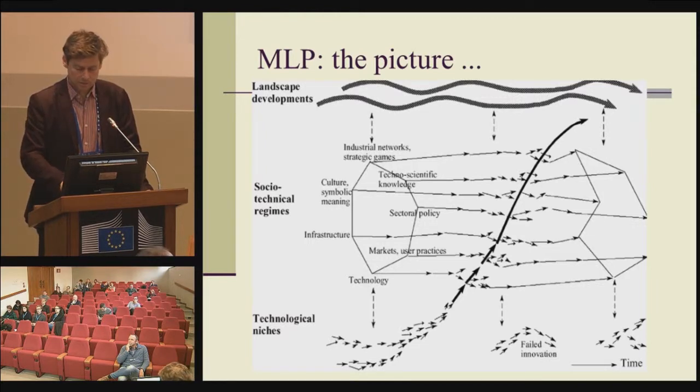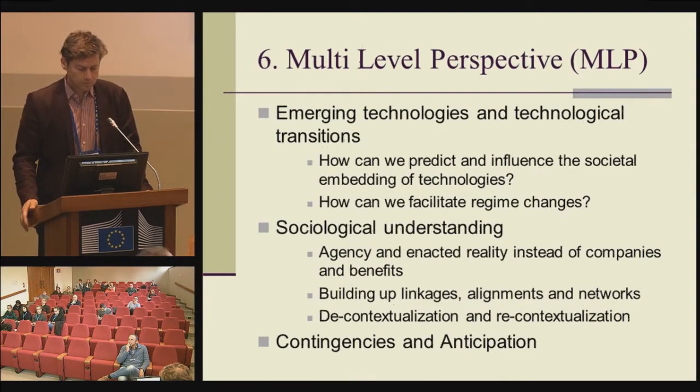I guess these pictures are familiar. What it tries to do is to bring these things together and think about transitions, how to predict and to influence them, and it tries to have these various layers of development at the same time.